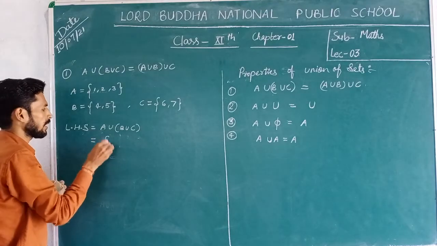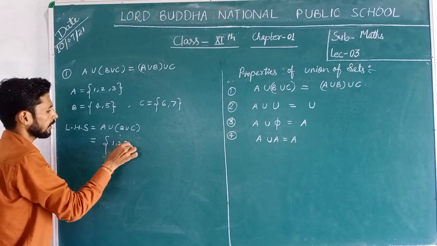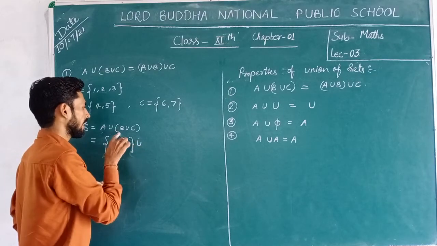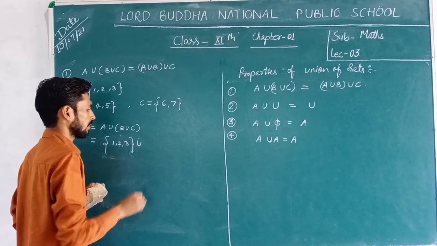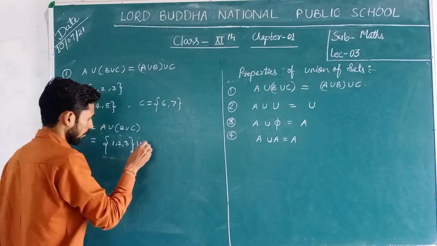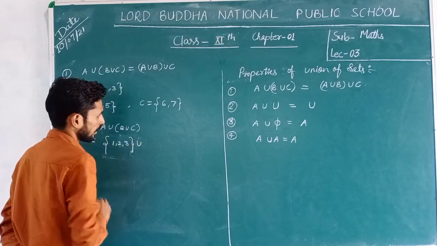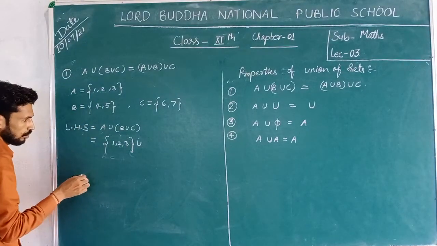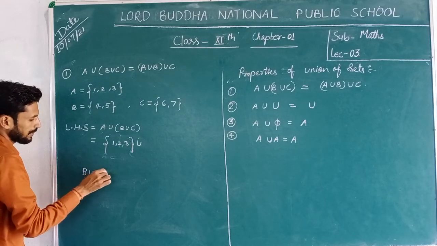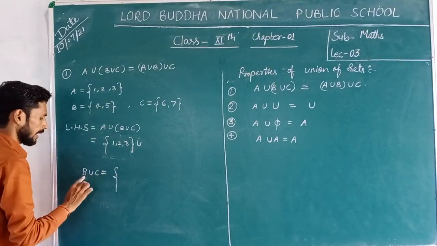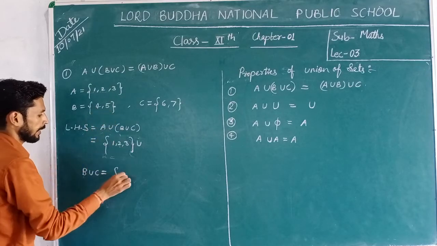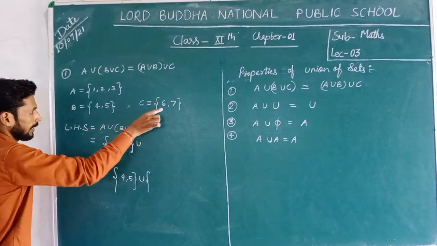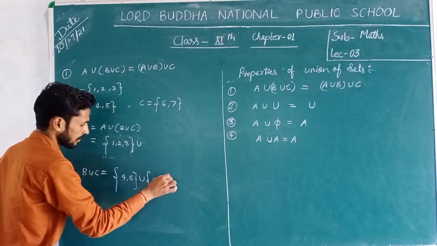So write the elements of set A, that is 1, 2, 3, and take union, and next B union C. Inside we are going to find the value of B union C. B union C equals, in set B the elements are 4 and 5, take union sign, and in set C the elements are 6 and 7.